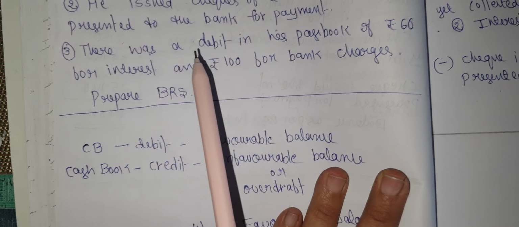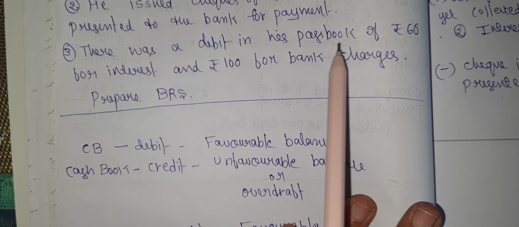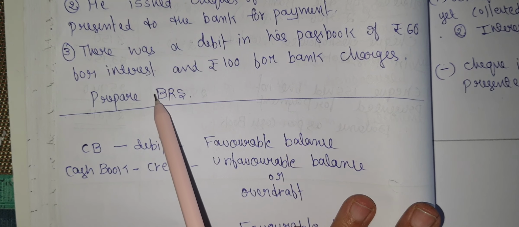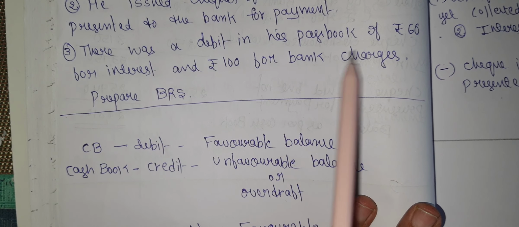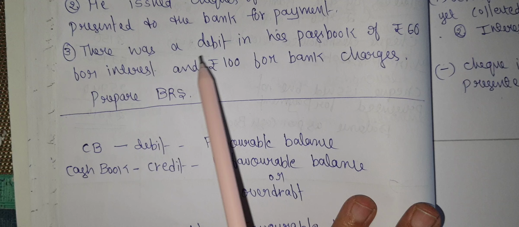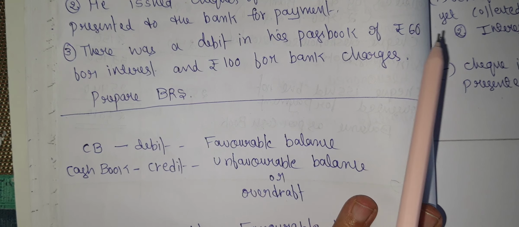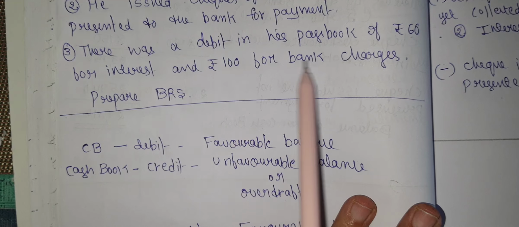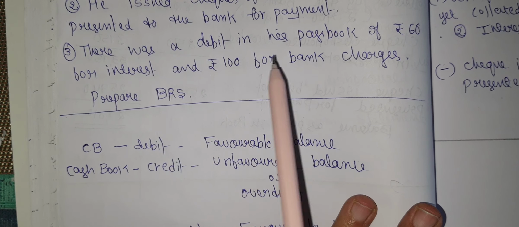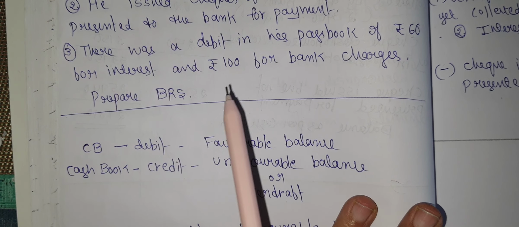Next, the third transaction. There was a debit in his passbook of rupees 60 for interest and rupees 100 for bank charges. But Rakesh is not aware of this transaction.